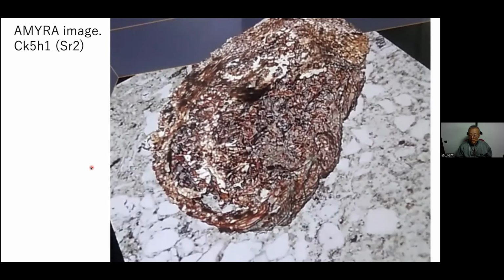Yeah, so this is the preliminary one, and you can only see the mummy-like structure.